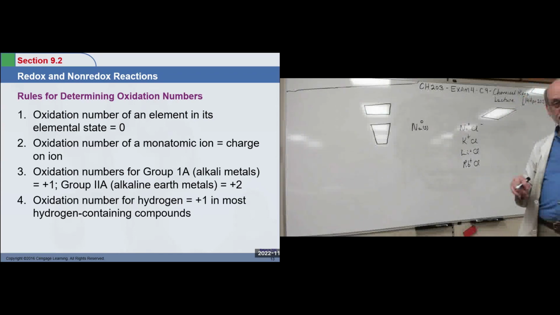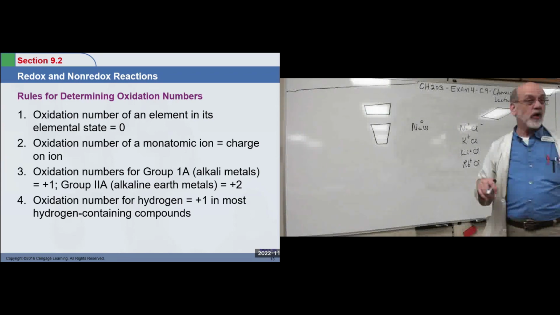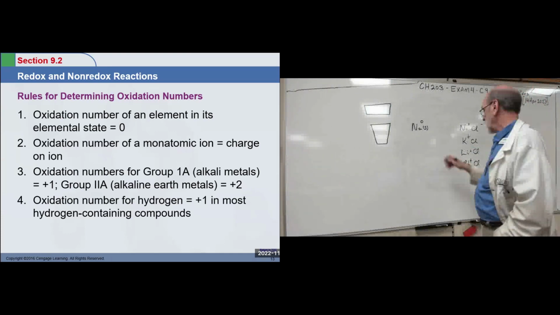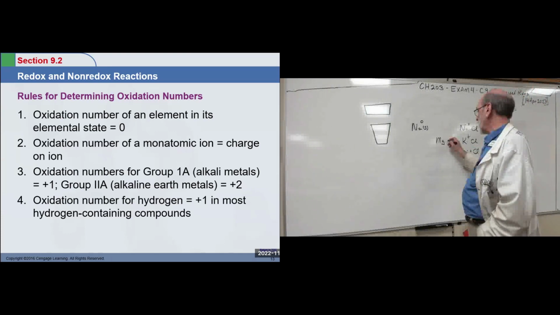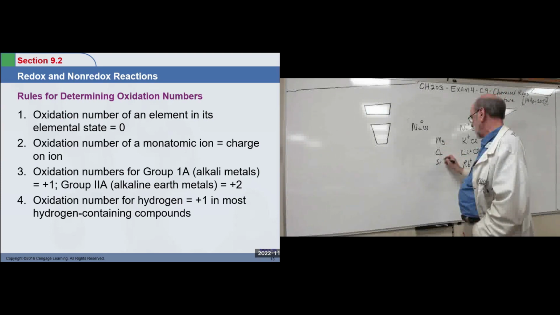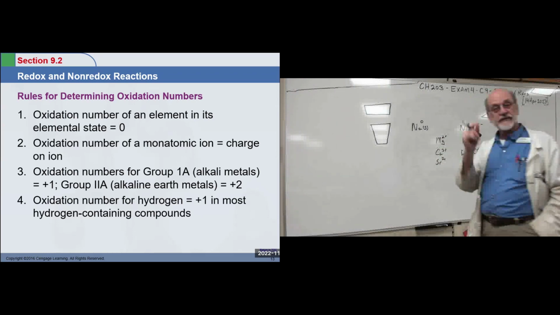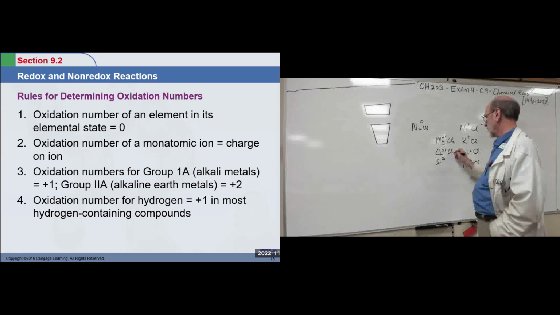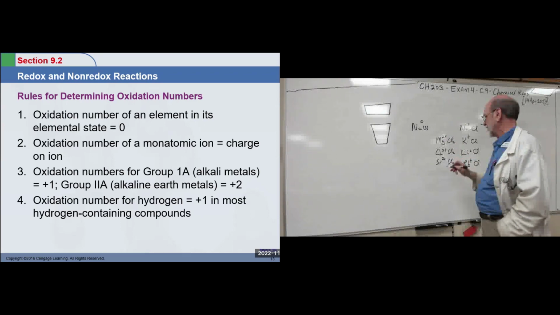Okay? Alkaline earths, their next door neighbors, like magnesium, calcium, strontium, if these are in compounds, they're always a 2+ charge and a 2+ oxidation state.